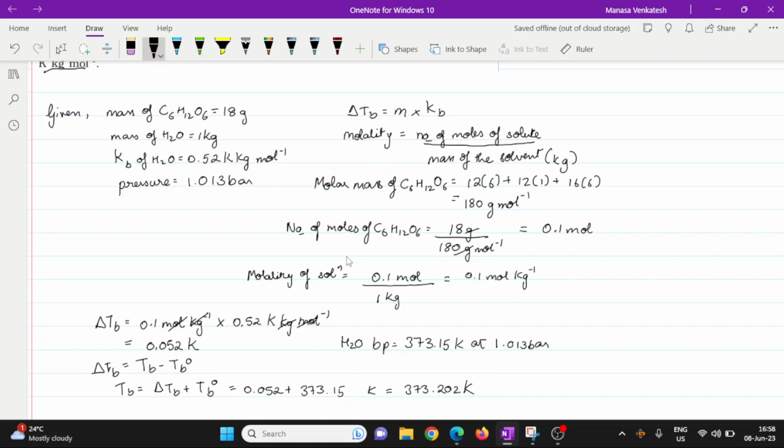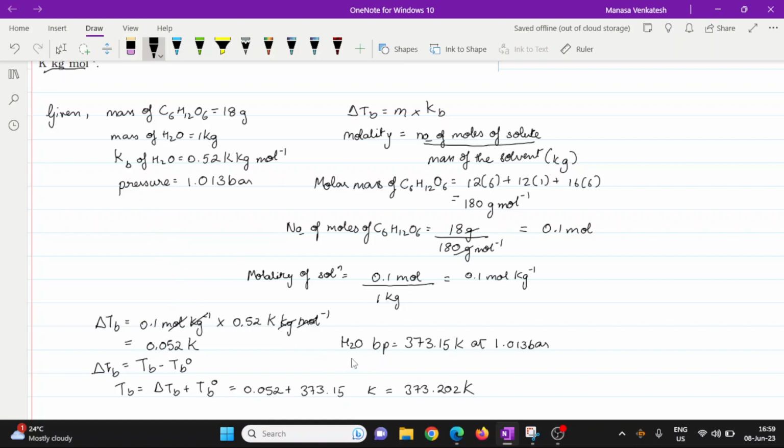So basically for this question, we were asked to calculate the boiling point of the solution when we add 18 grams of glucose to 1 kilogram of water. We first started with calculation of the molality, and after that we were able to calculate the value of delta TB using the molality as well as the Kb, which was already given to us.